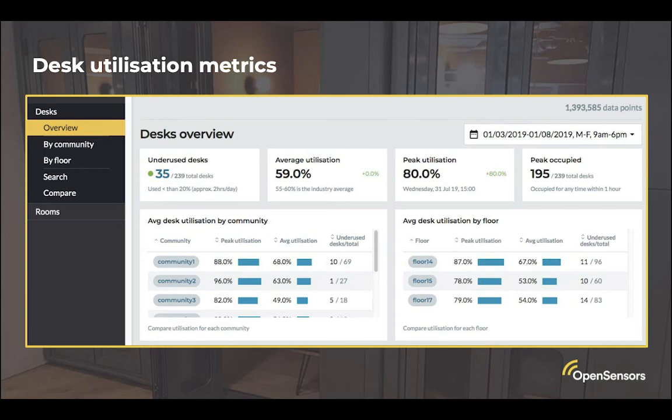Let's say the average were 20%, but peak were 90%. The space would be severely underused, but suffer from extremely busy periods and peaks, which put a strain on the space. That could mean that employees are largely mobile, but come in all at the same time for meetings.